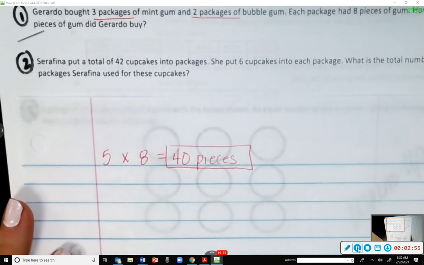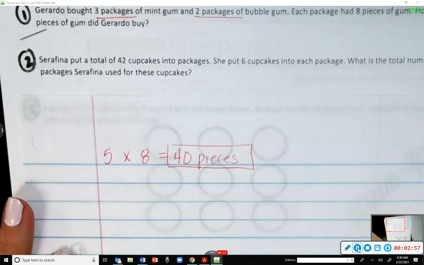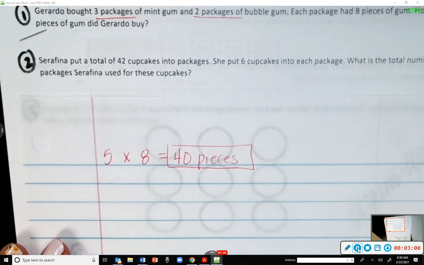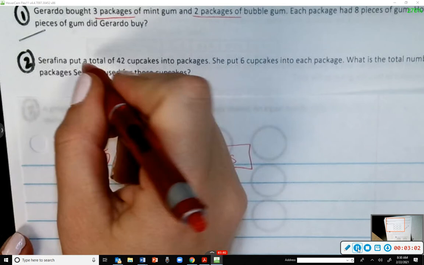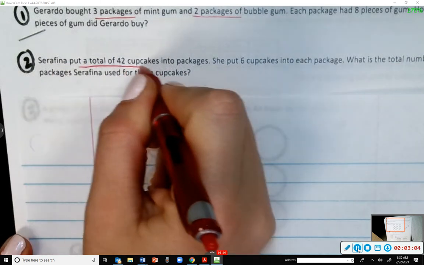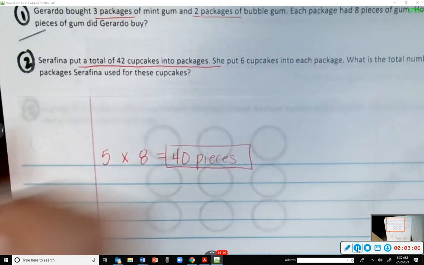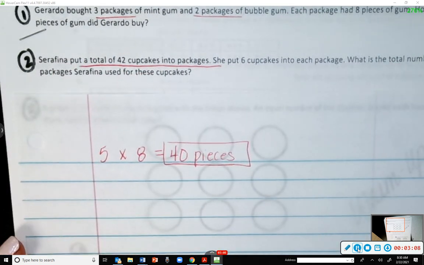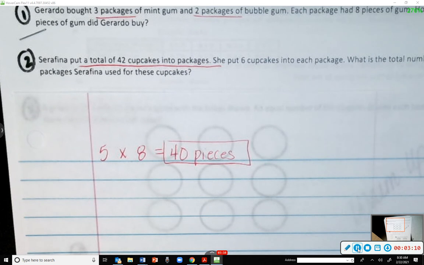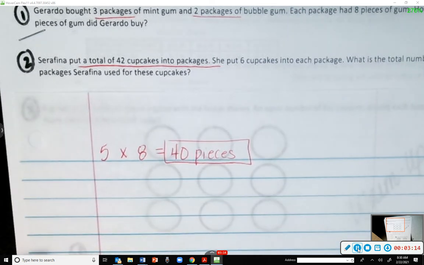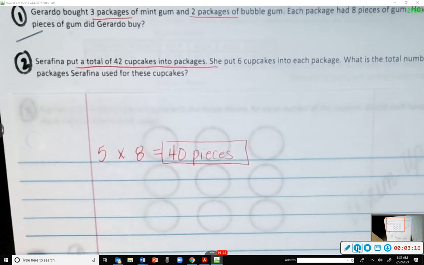Number 2, Serafina put a total of 42 cupcakes into packages. Right there it says Serafina put a total of 42 into packages. Do we know the total? Yes. So what does that mean if you know the total? You divide. Good. She put 6 cupcakes into each package.